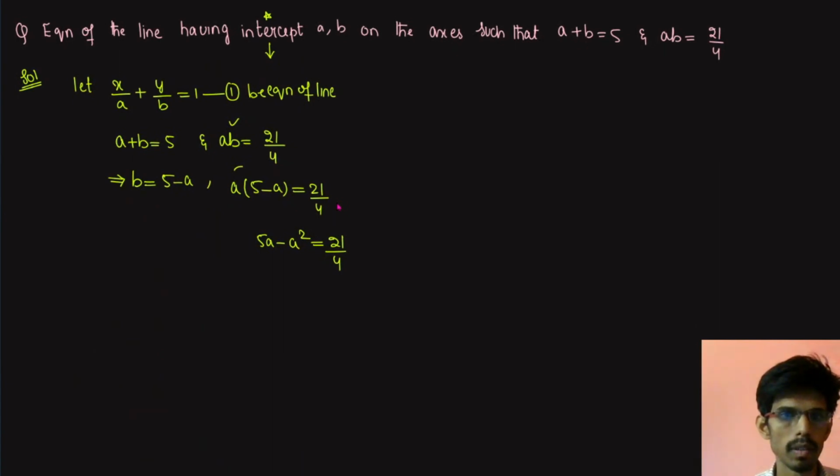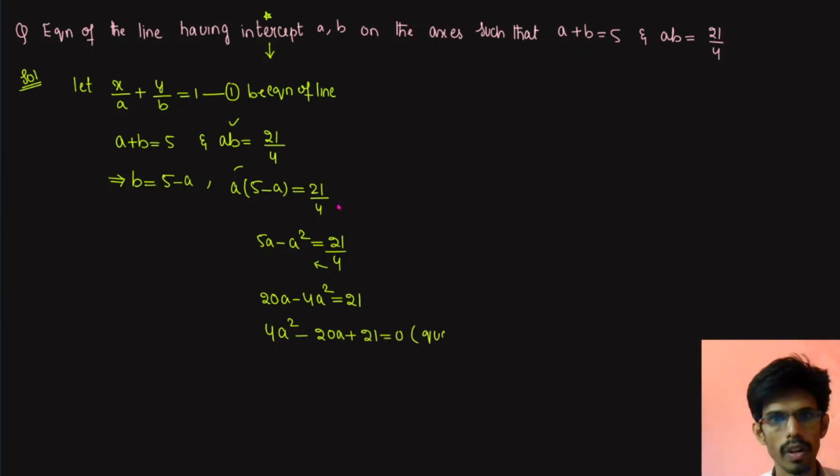Cross multiply: 5 fours are 20a minus 4a square is equal to 21. Now rearrange this, it will become 4a square minus 20a plus 21 is equal to 0.